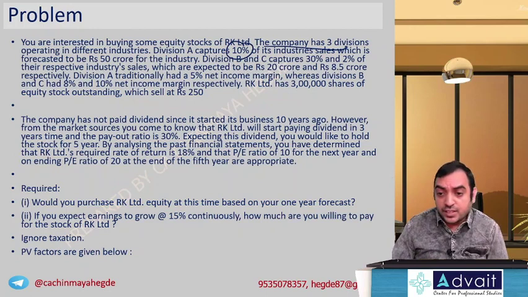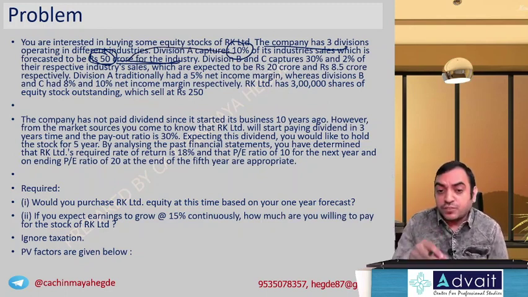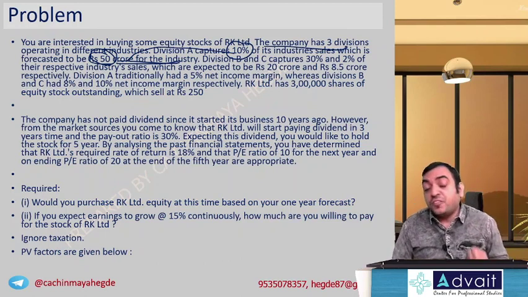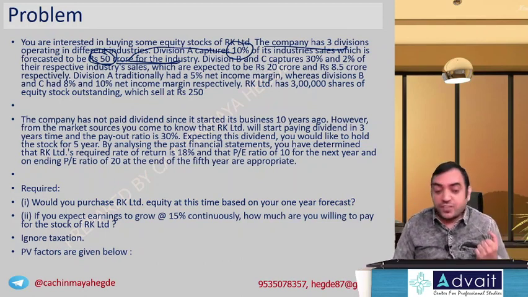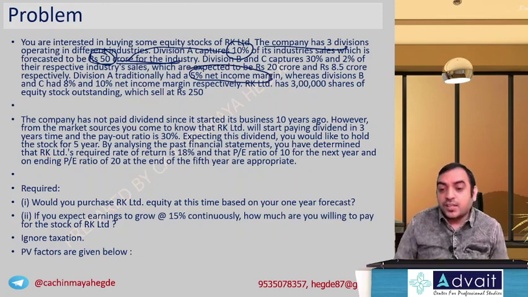Regarding the 3 divisions, they said how much is their market share. For example, division A has got 50 crore for the industry, and 10% is the company share. So 50 crore, 10% is 5 crore. So 5 crore is the turnover of division A, sales of division A. But we require income. No problem. They said 5% net income margin.